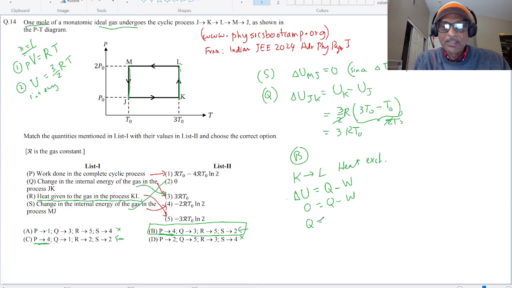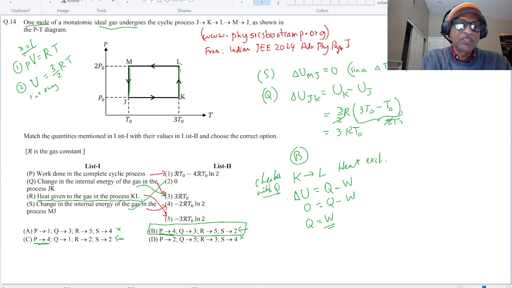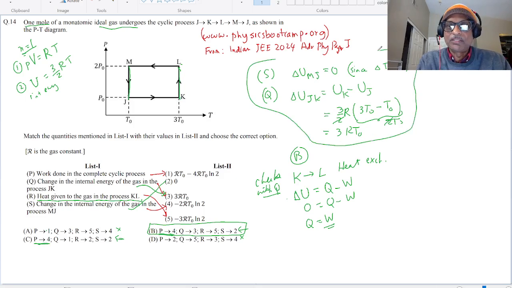So Q will be equal to W, and I need to find out the work. That's how you can solve it if you wanted to check with Q. But you don't need to check with P because P is not distinguishing. And once you've done this much and this simple one, you can just move on. I'll leave this as an exercise for you.